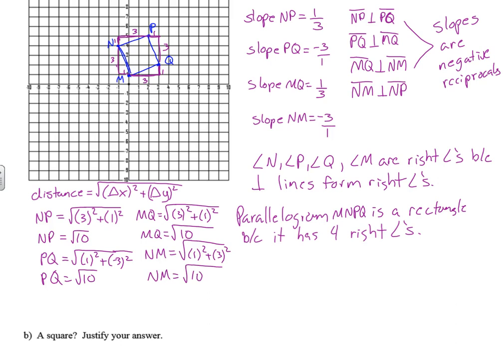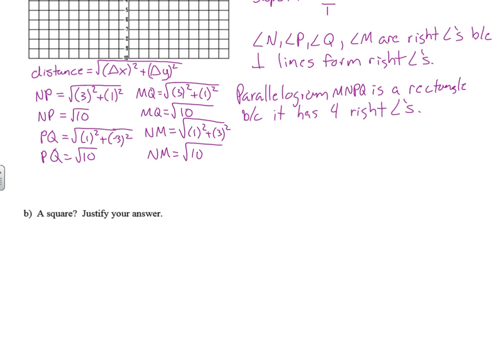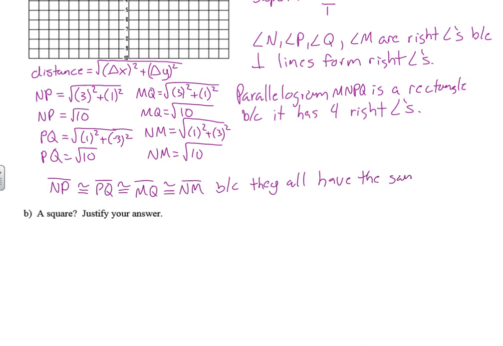All right. Now, what does that mean? Well, that means all 4 of those sides are congruent to each other. So NP is congruent to PQ, is congruent to MQ, is congruent to NM. Why? Because they all have the same distance. So what do we have going on?